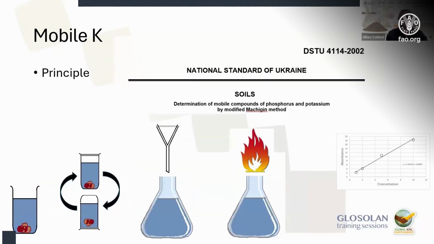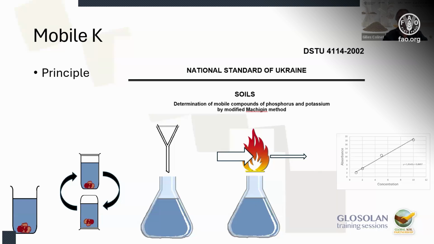What changes in the principle is that mostly at the end, you will work with flame absorption or flame emission, flame spectroscopy. So you don't need to change the color, you just need to have the extract. The principle is that you send light with a given wavelength through the flame, and it is absorbed.